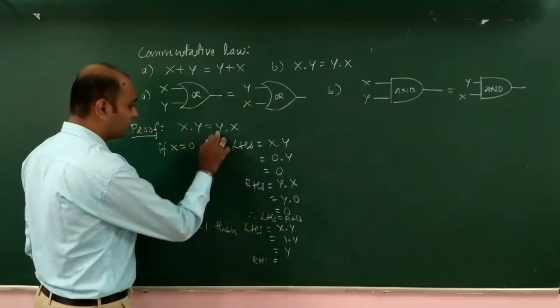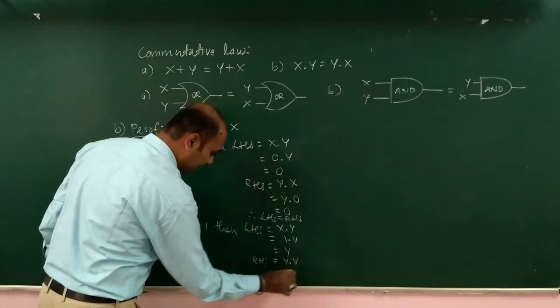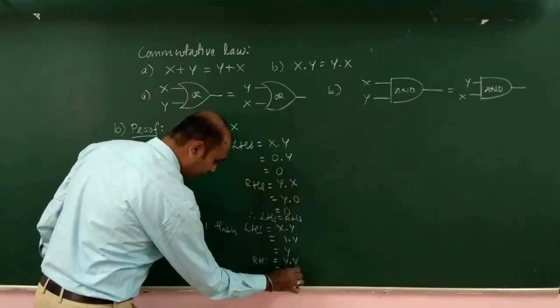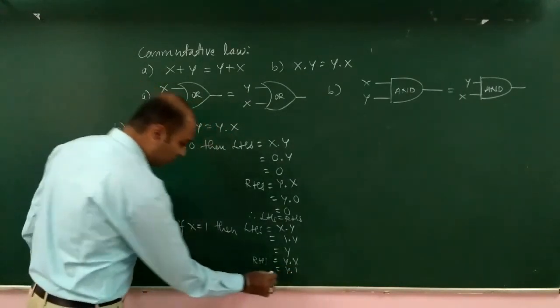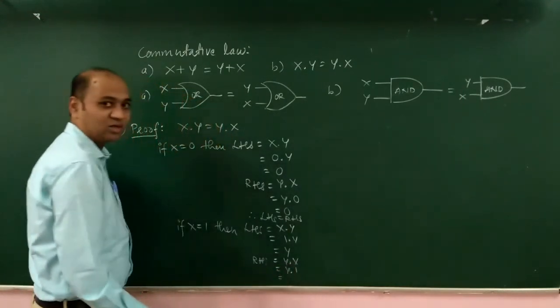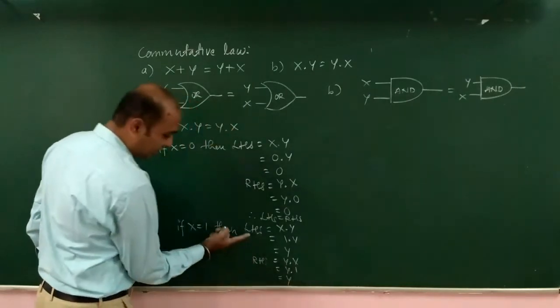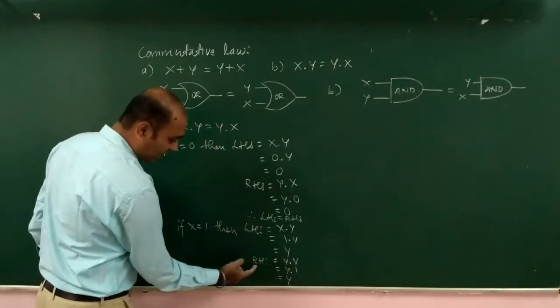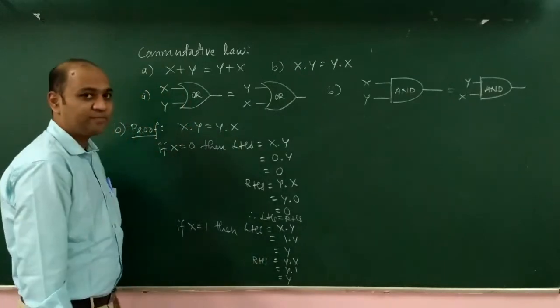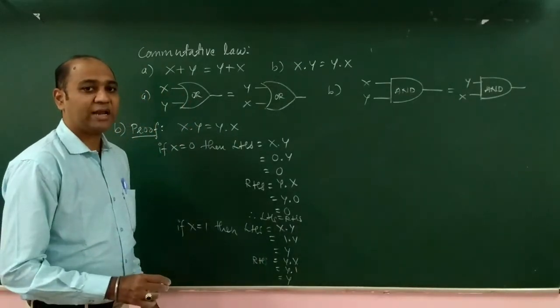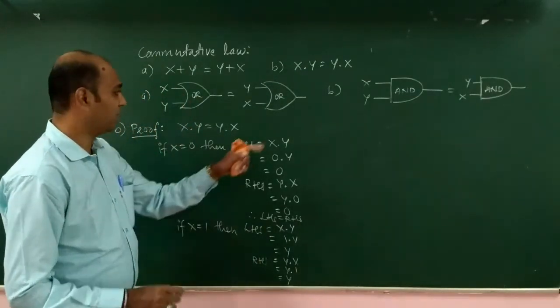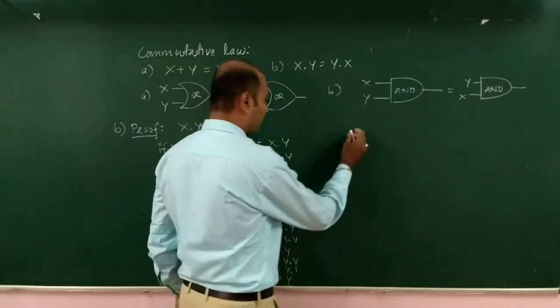So this gives me y and x. Let us substitute the value of x as 1. Now y and 1 gives me what? y. Here you can see LHS is y, RHS is also y. Hence we will say LHS is equal to RHS. Hence the proof.